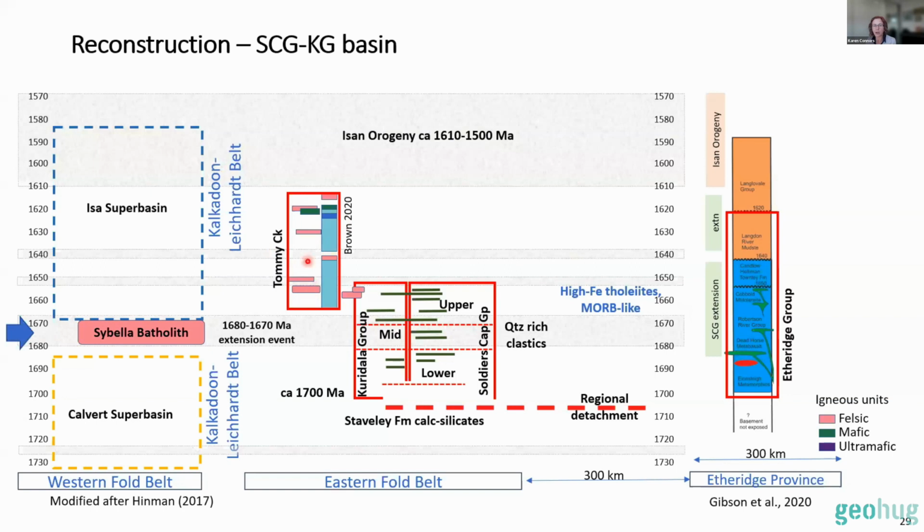We've got the Tommy Creek block, which shows some of the younger age units, and there's excellent work going on by Alex Brown, and there should be a publication coming out soon if it's not out, that provides a whole lot more geochronology and shows the extent of the bimodal magmatism, felsic, mafic, and ultramafic through to about 1615, if I remember correctly.